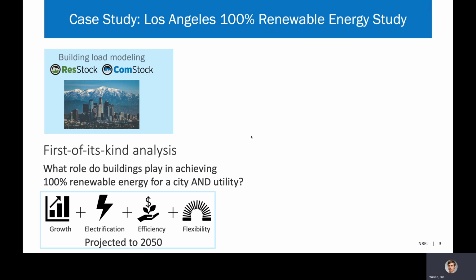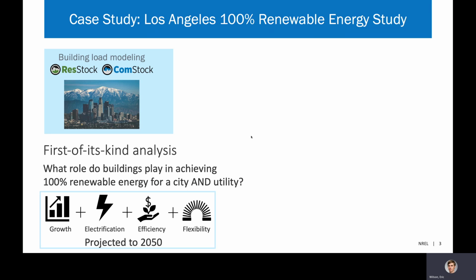For today's talk, I'm going to use our work for the City of Los Angeles on their 100% renewable energy study as a case study to explain how bottom-up demand modeling can be used. Our application of ResStock and ComStock for building sector load modeling for the City of Los Angeles was a first of its kind analysis.